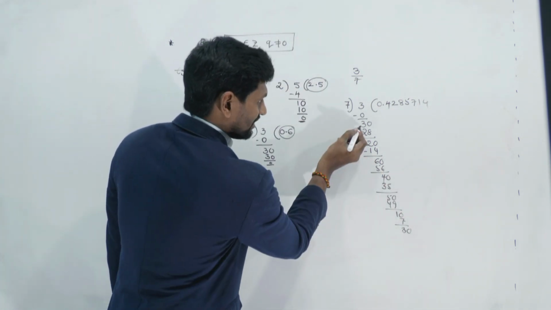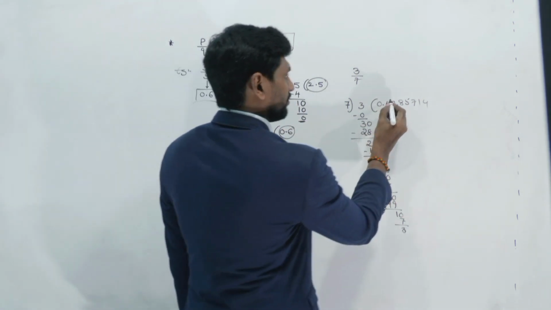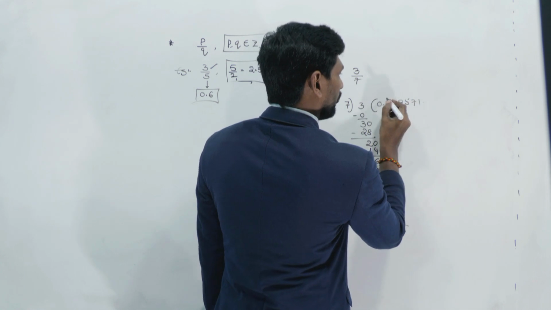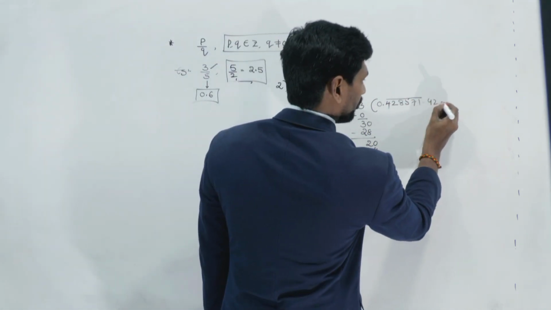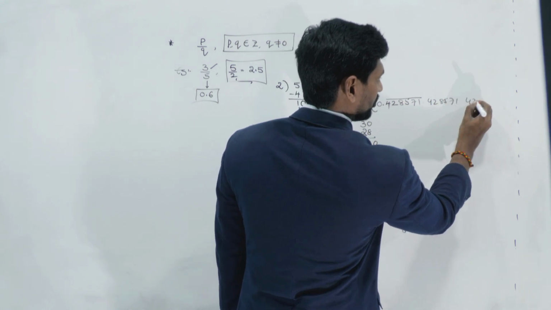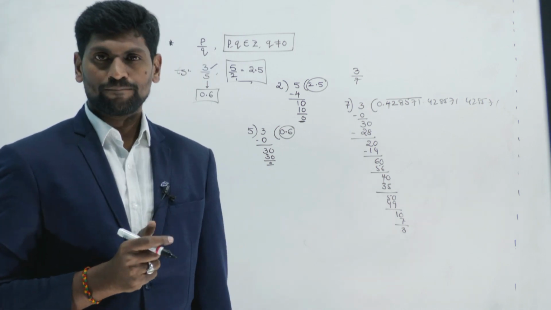So remainder 3 means again it is continuing, right? That means 4 2 8 5 7 1, again 4 2 8 5 7 1. You will get the quotient like that only.